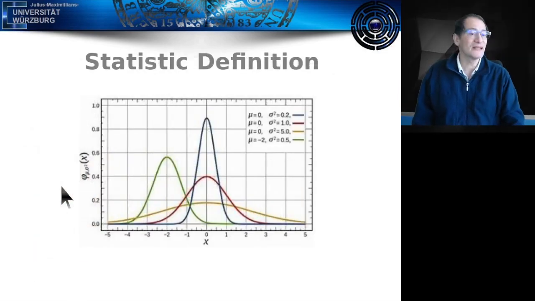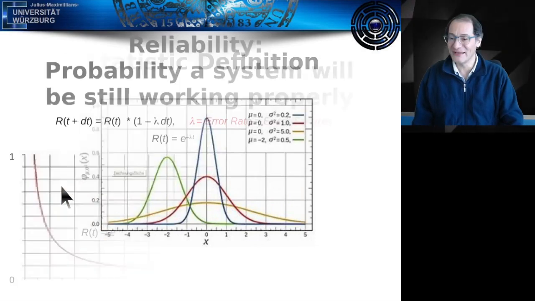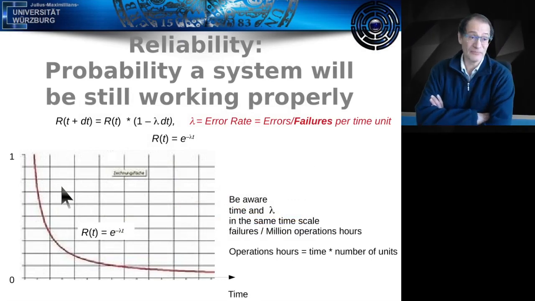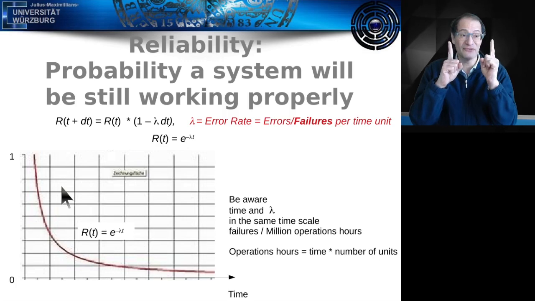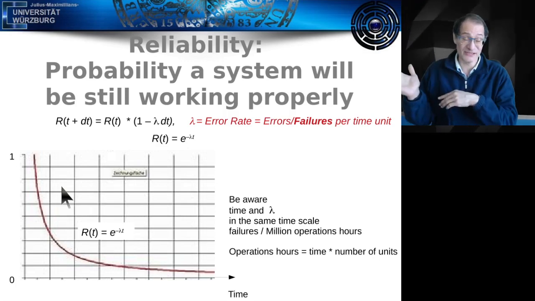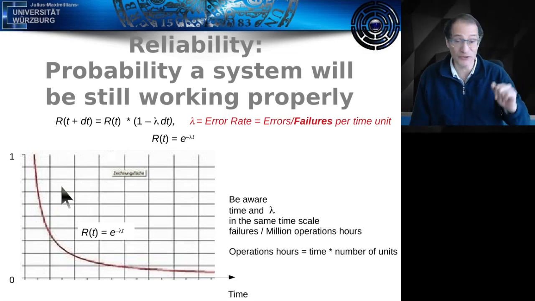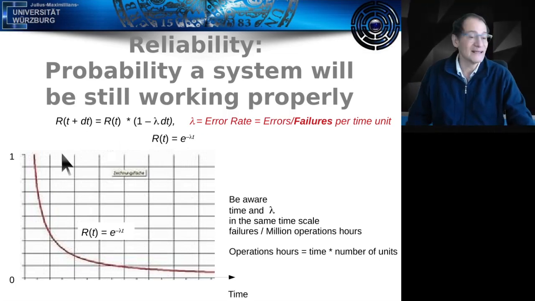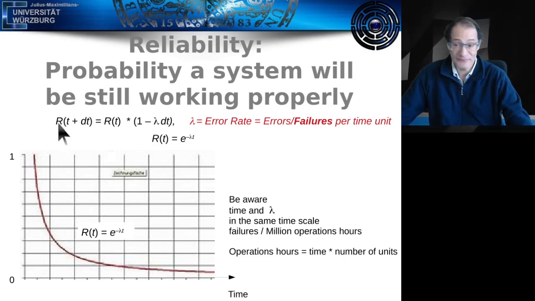Okay, and now let's come back to statistic definitions of the values which we want, and let's begin with reliability. Do you remember, reliability is the probability the system will work properly for the time you need it? When you start at home and drive to your office, this is a time. We have to express everything as a function of time. Let's call R the probability of reliability.